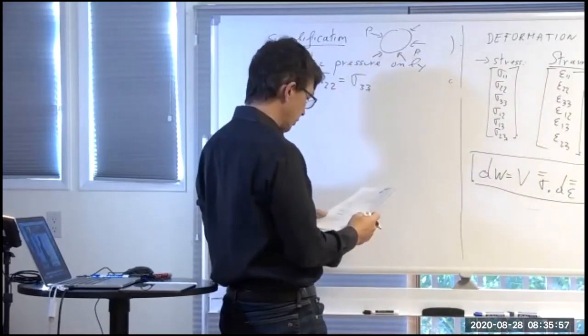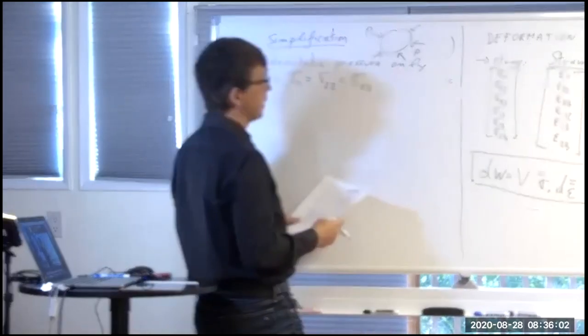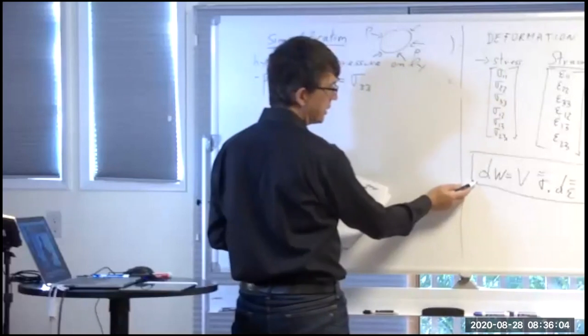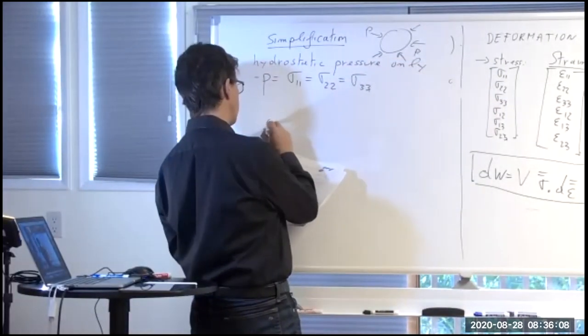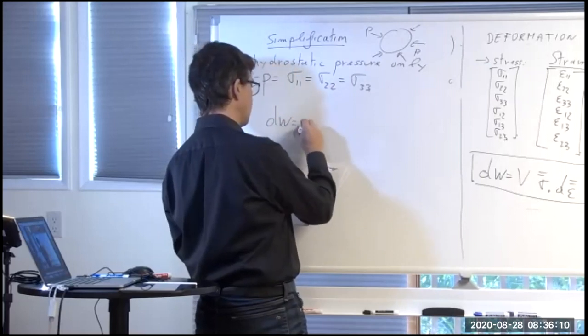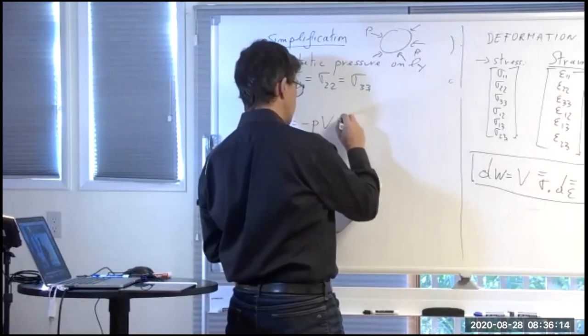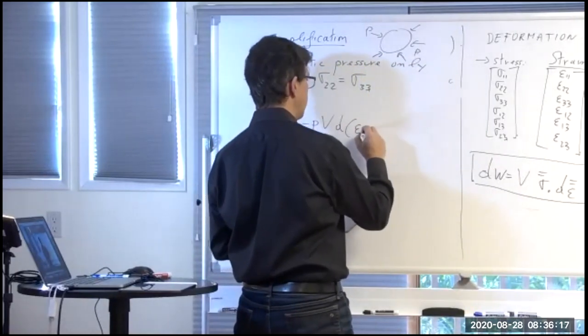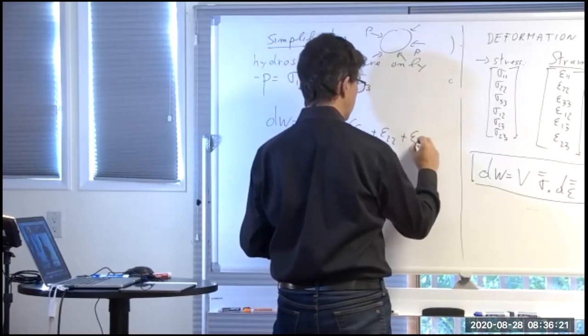Okay, so if I only have the normal components, then this expression here for work simplifies, and now the work is minus P times the volume times the differential of epsilon 1,1 plus epsilon 2,2 plus epsilon 3,3.